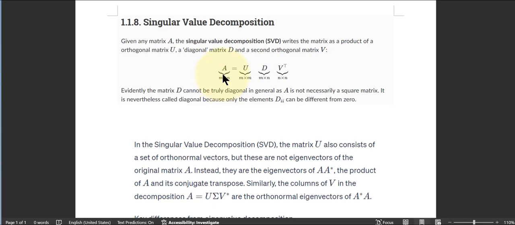We can factor A even if it's not symmetric, and this will be the factorization. That can be pretty useful when we're playing around with the algebra of matrices.